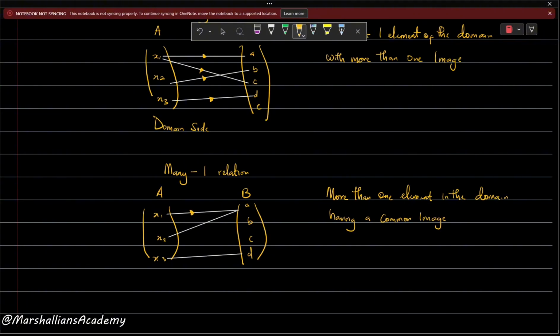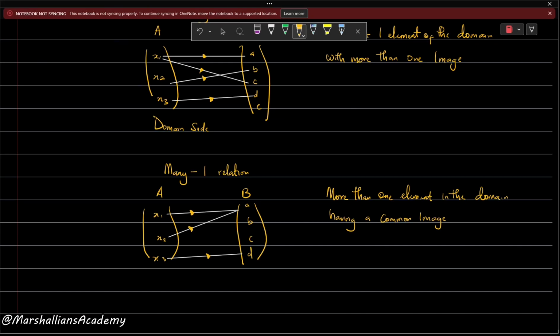In the one-to-many relationship, there is no single image that has more than one pre-image.